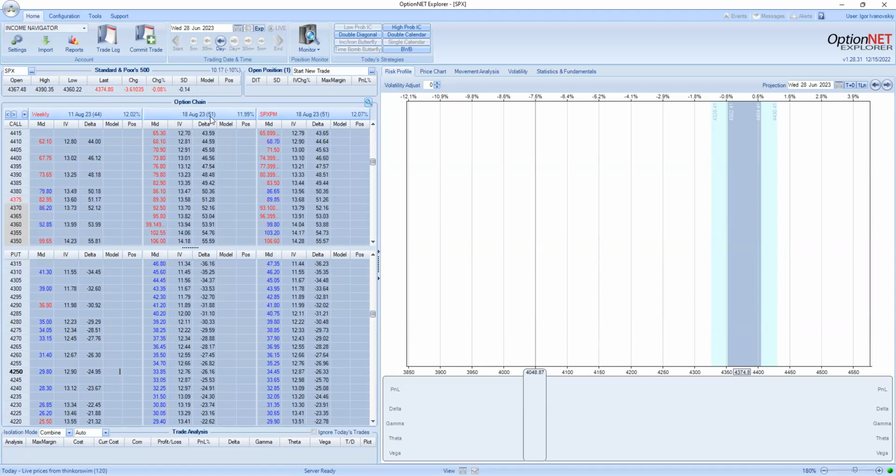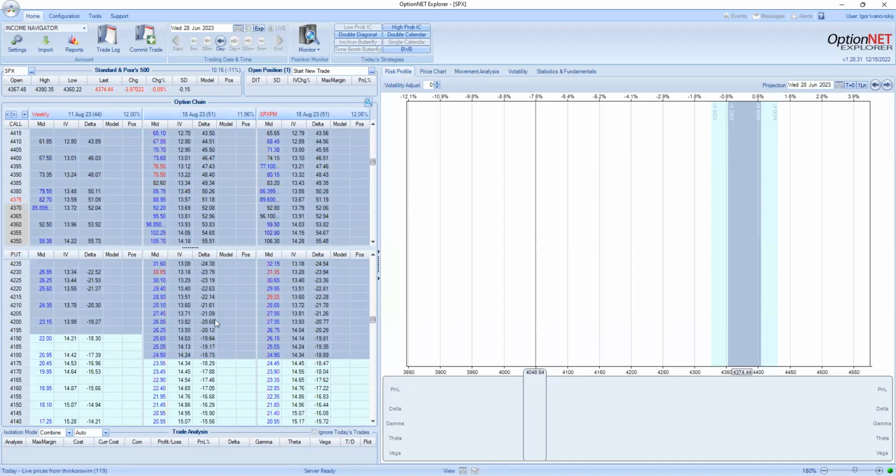One thing I always try to avoid is having strikes overlap. So like if I have trades that are in August 18th expiration with 51 days until expiration, I would try to avoid, unless I'm doing something closer to at the money or way farther out of the money.